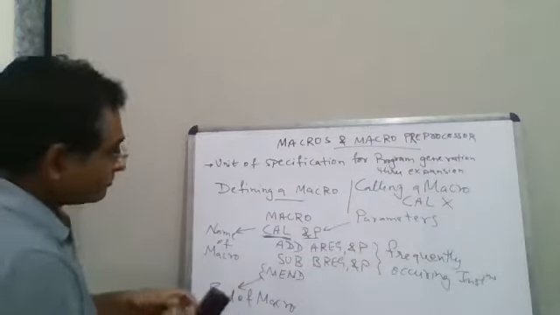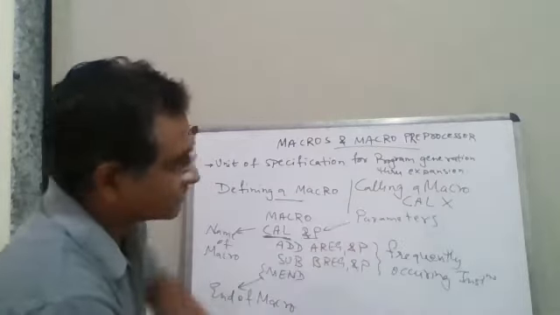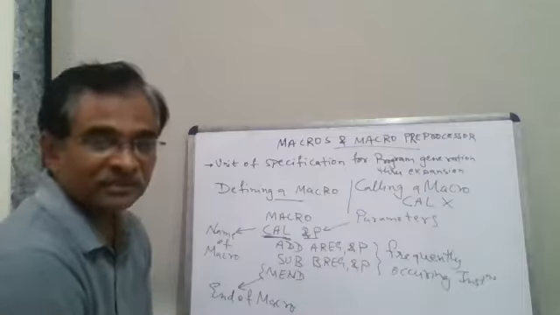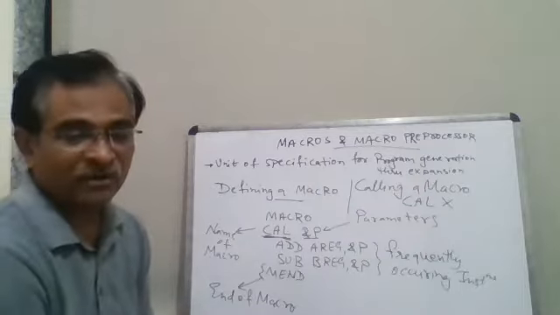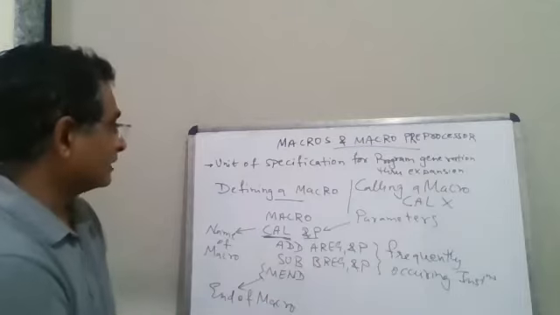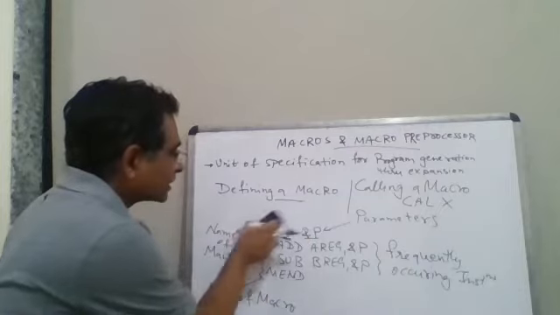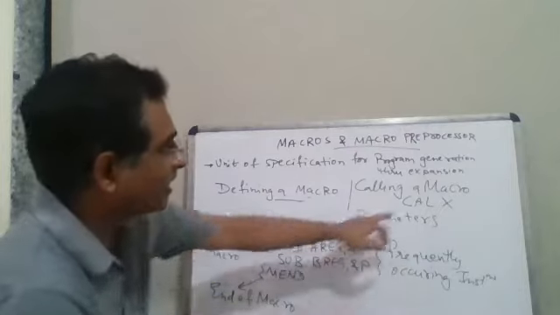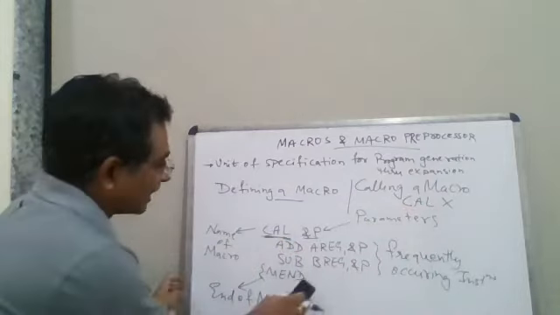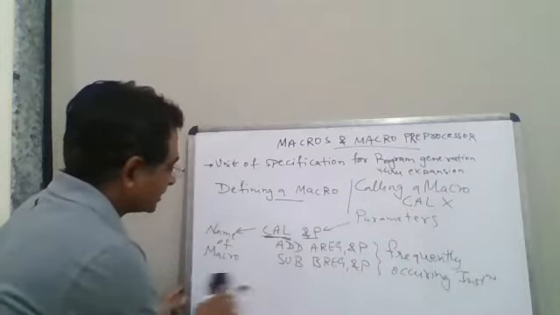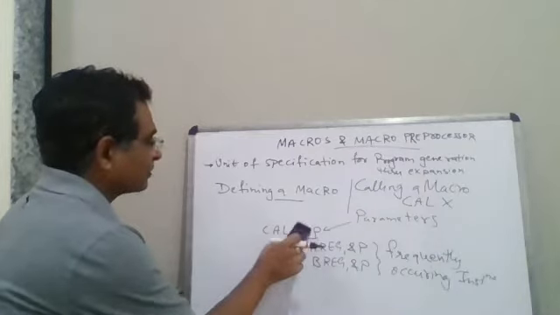Now, what is the meaning of this? Whenever I say CAL X, there is going to be some expansion. The third thing of interest to us is how the expansion of a macro is done. Expansion basically says that I am asking for CAL X, and before MEND, whatever instructions are there become the expansion of the macro.